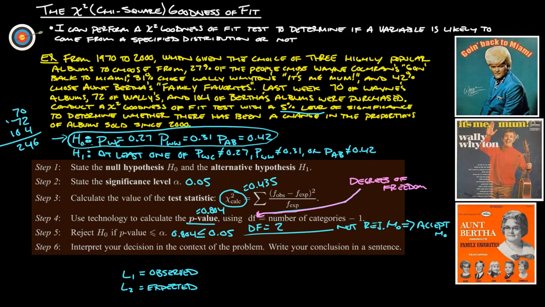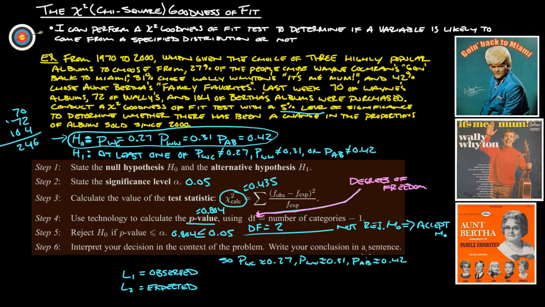So we would go with the probability of Wayne Cochran being approximately 27%, Wally Whiten 31%, and Aunt Bertha about 42% of the sales.